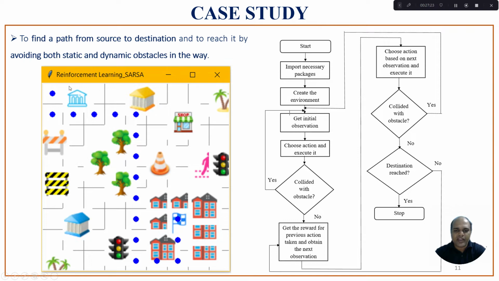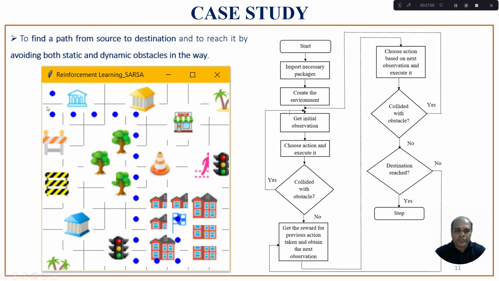Right? So we create an environment, and we put some obstacles onto it, like a building, bank, street crossing, trees, traffic lights, etc. We also put the agent in some location. I am going to put the agent in this first box, and we need to specify the destination point in the environment. So I put a flag here. This will be our destination point.